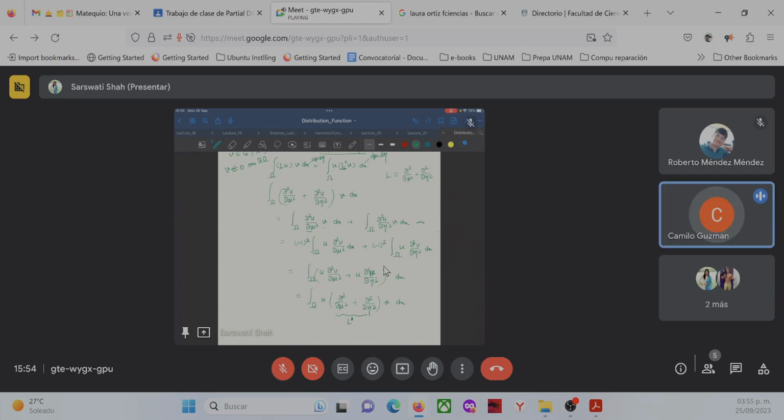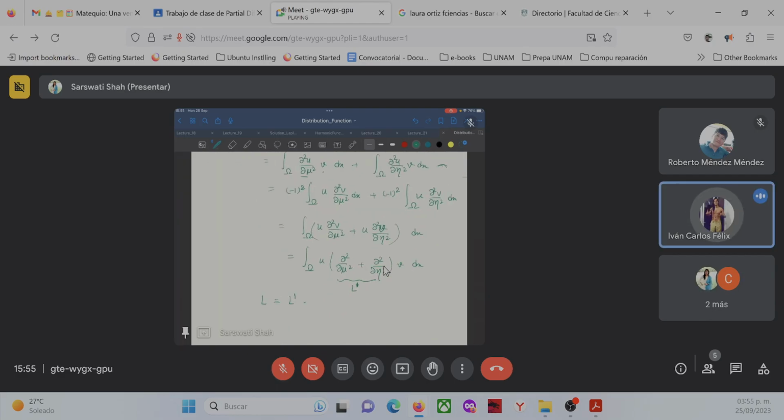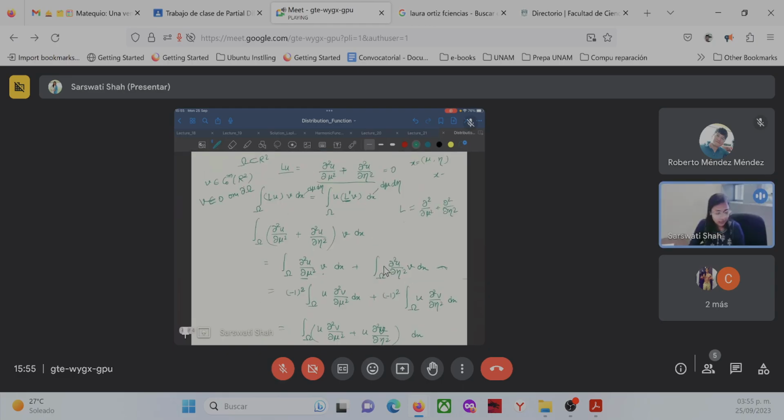It is the same operator. So L equals L dash; the adjoint operator is the same as the operator for the case of the wave equation. Yes, the reason is that in the wave equation the coefficients are constant. The coefficients are not functions of x and t.